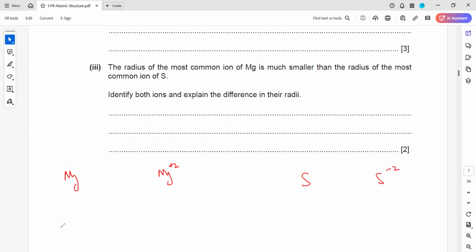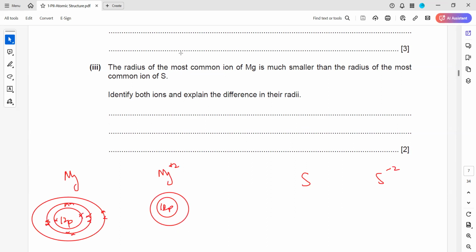If you look at magnesium, magnesium has 12 protons. Then first shell 2 electrons, second shell 8 electrons, third shell 2 electrons. So it will be 2, 8, 2. But when we draw the magnesium ion, it has the same 12 protons but 10 electrons, because magnesium is losing electrons.